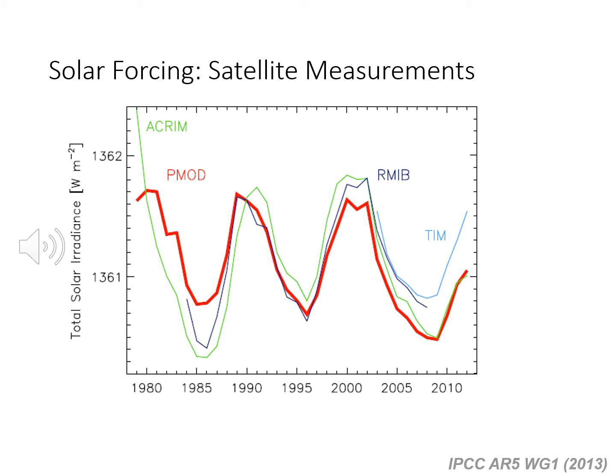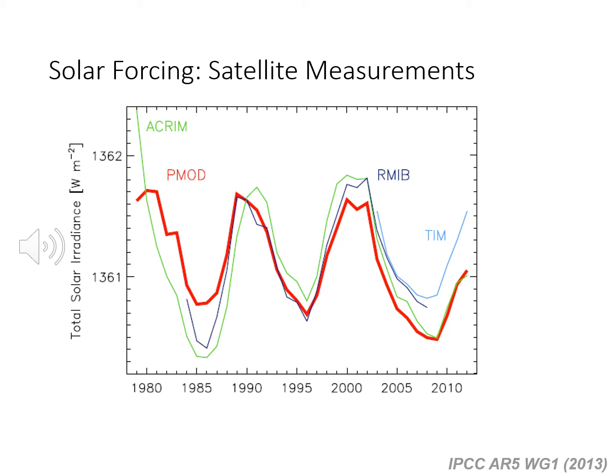Radiation from the sun also varies over time. Recall from earlier lectures we said that the solar constant was 1,367 watts per meter squared. This number is determined based on calculations. Observations at the top of the atmosphere show that the actual incoming irradiance varies between 1,361 to 1,362 watts per meter squared between 1980 and 2010.